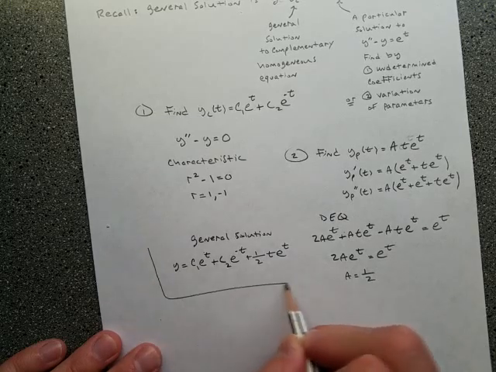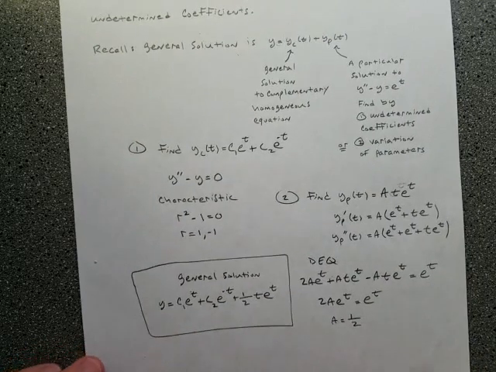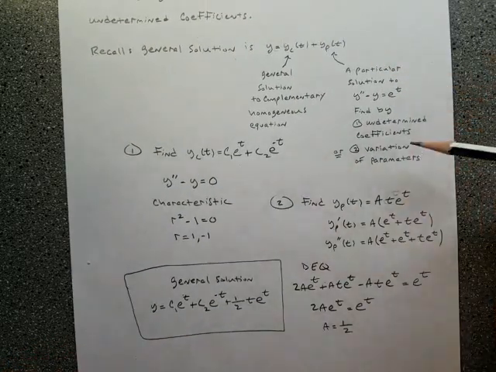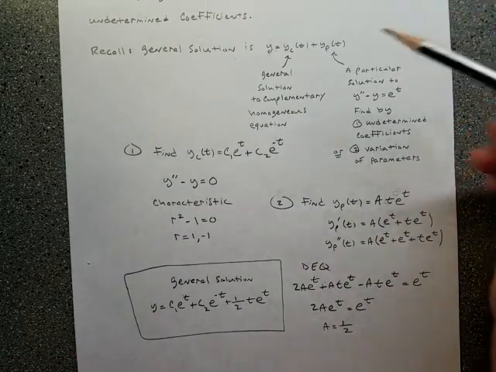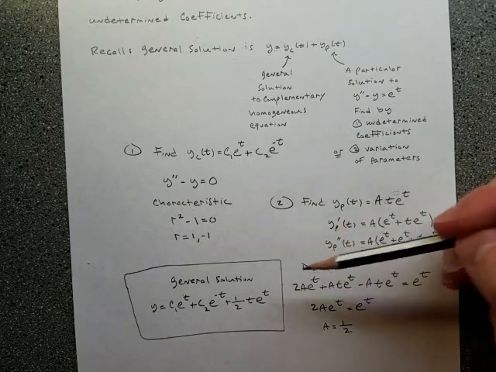So there's the general solution. Okay, so in the next video we'll talk about solving the exact same problem by variation of parameters. It's another method that has more flexibility to it. But we'll get the same answer, of course.